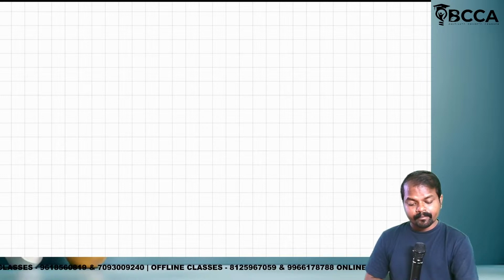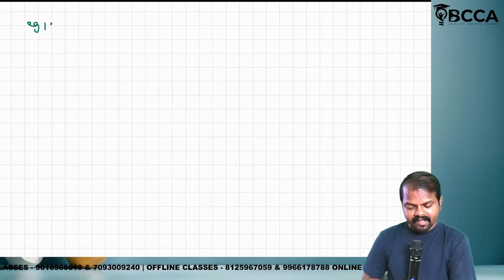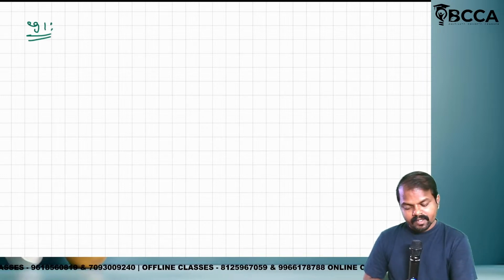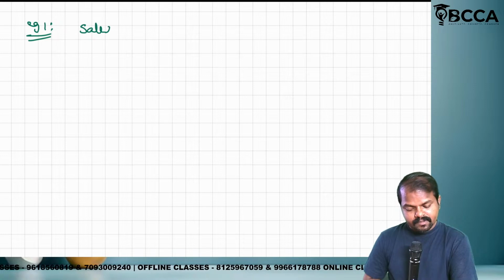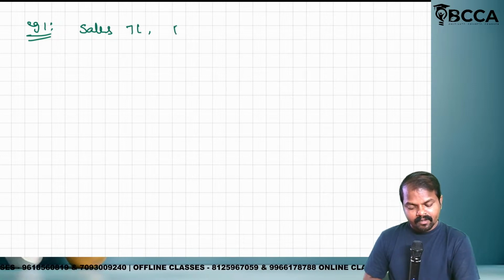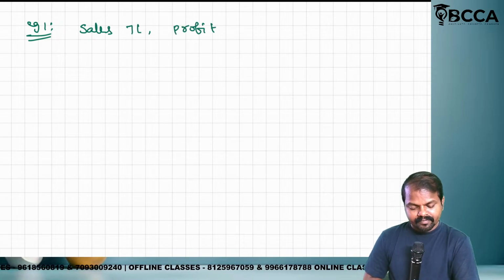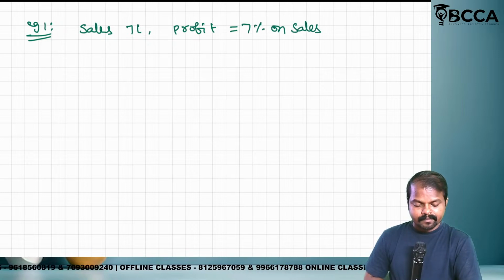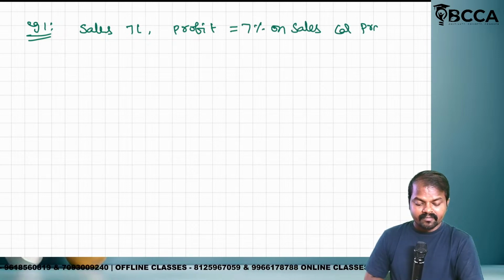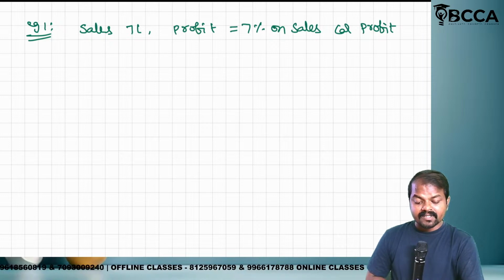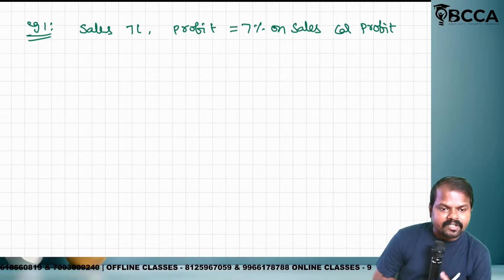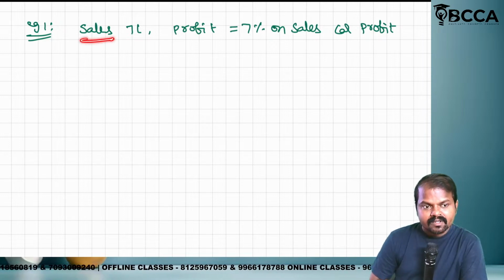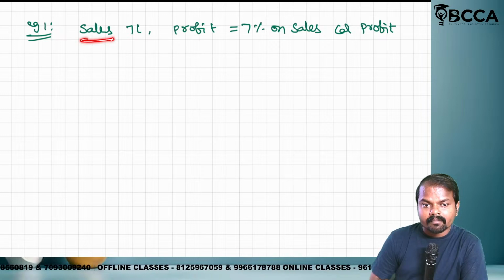See, example number 1. Sales 7 lakh. Profit is equal to 7% on sales. Calculate profit. Listen. What is the information you have? Sales. What is the percentage on?